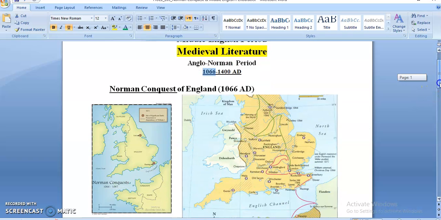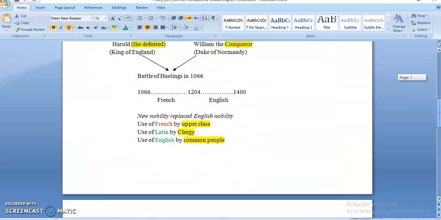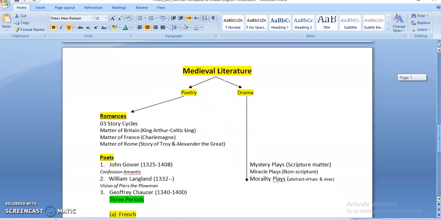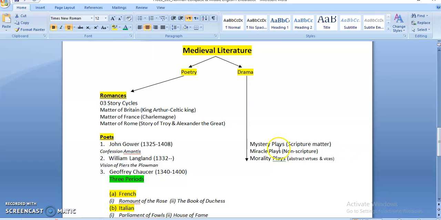During this period, romances were very popular, and then there were poets who wrote during this time, like John Gower, who was a kind of moralist. He wrote didactic poetry, and then William Langland, and then Geoffrey Chaucer. Geoffrey Chaucer was a true artist.